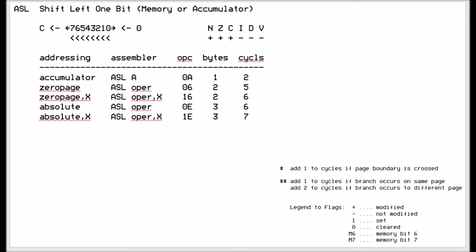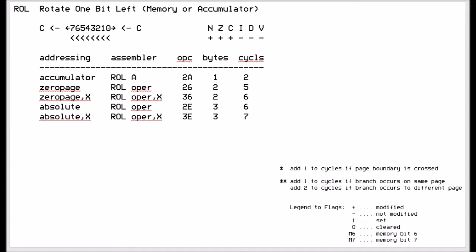With right, a 0 is injected into the most significant bit and it shifts right, and the least significant bit drops into the carry. This is the other way around. So effectively, when you execute this command, you're multiplying the number by 2. If you had a 1 in bit 3, which is 1, 2, 4, 8, the number 8, and you logically shift left once, then that becomes 16. So effectively you've multiplied 8 by 2.